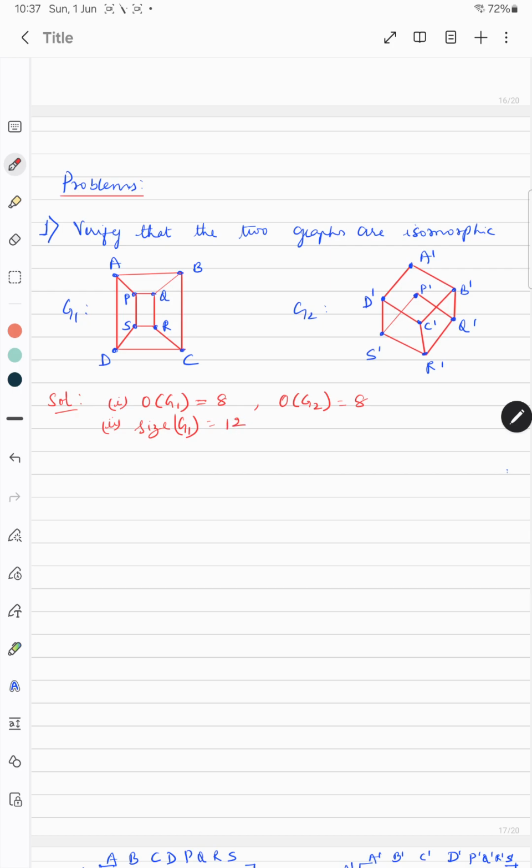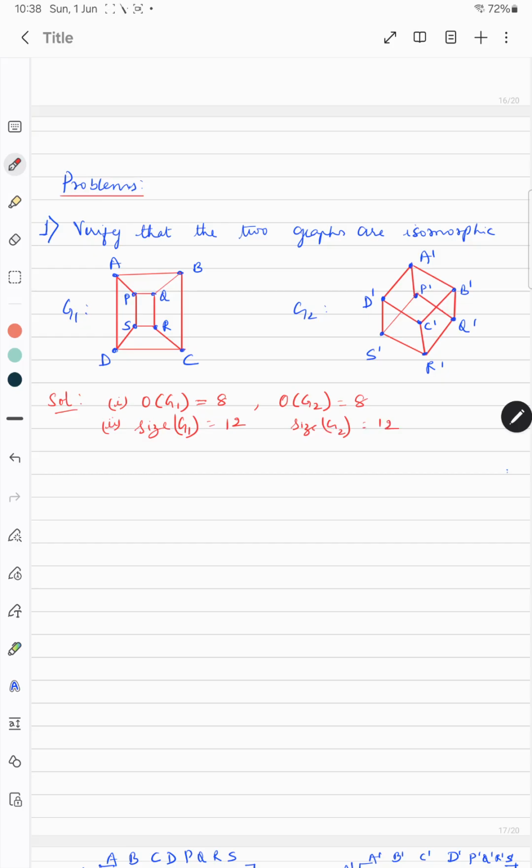Similarly, if you see G2, 1, 2, 3, 4, 5, 6, 7, 8, 9, 10, 11. Here one edge should have been there. I'm just writing, yes, 12. So the size of G2 is equal to 12.